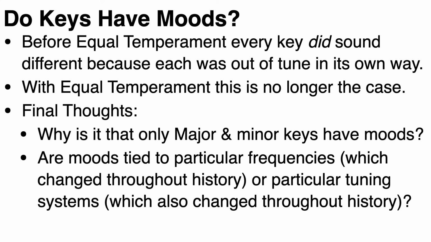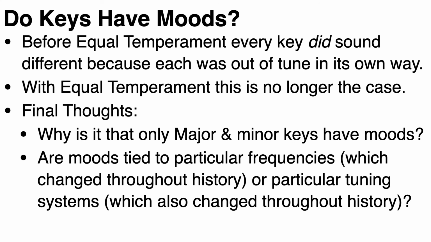Alternately, the tuning systems used by musicians over time also varied. Instruments have been tuned using Pythagorean tuning, different mean tone tuning systems, different well-tempered tuning systems, as well as equal temperament. So, if mood is actually tied to a particular set of interval ratios, then the moods of keys should vary over time as different tuning systems were adopted.